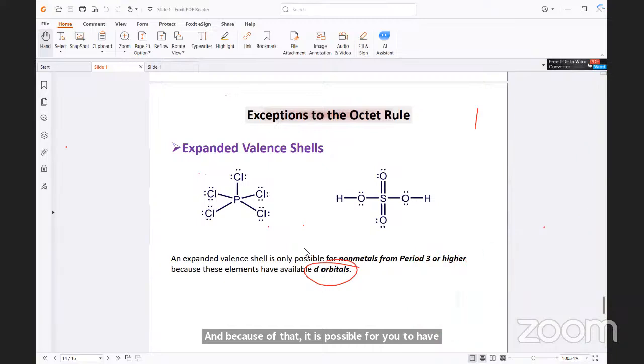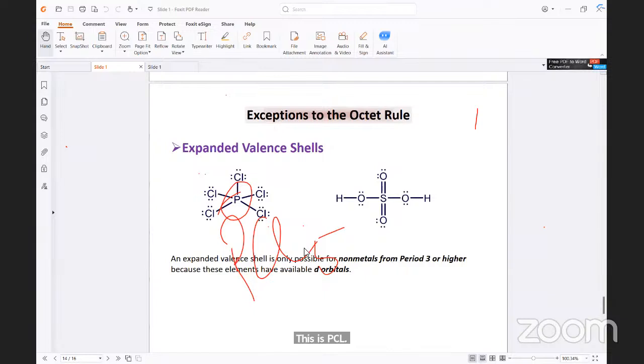And because of that, it is possible for you to have electrons promoted into the 3d orbital. And because they are promoted into the 3d orbital, you can have more than 8 electrons on a central atom. Now look at this phosphorus. If you look at it very well, you will see that it has 5 bonds. This is PCl5. It's a molecule.